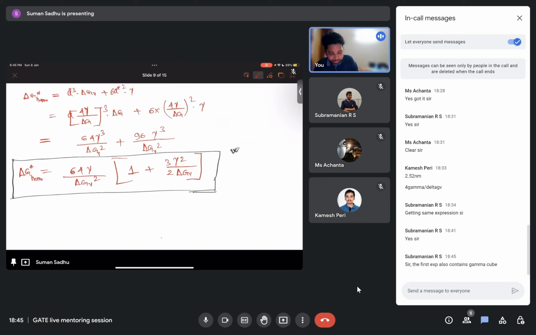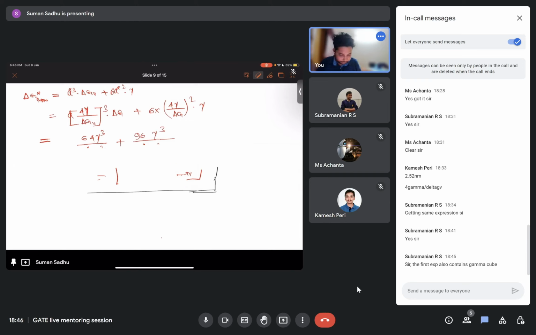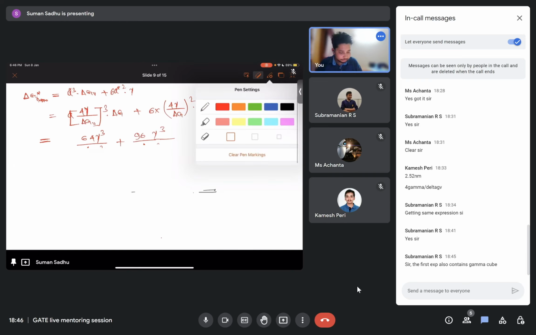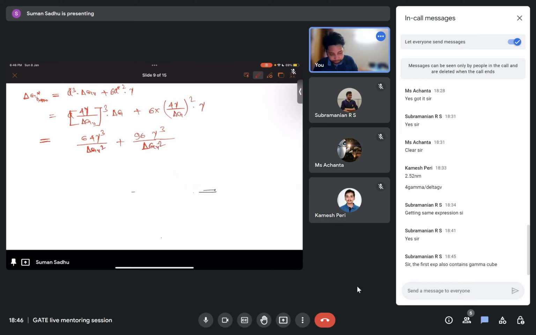And this delta g cube into delta g, it will, yeah, so gamma cube and gamma cube here. So just it will be added up. So almost 64 plus 96, right?